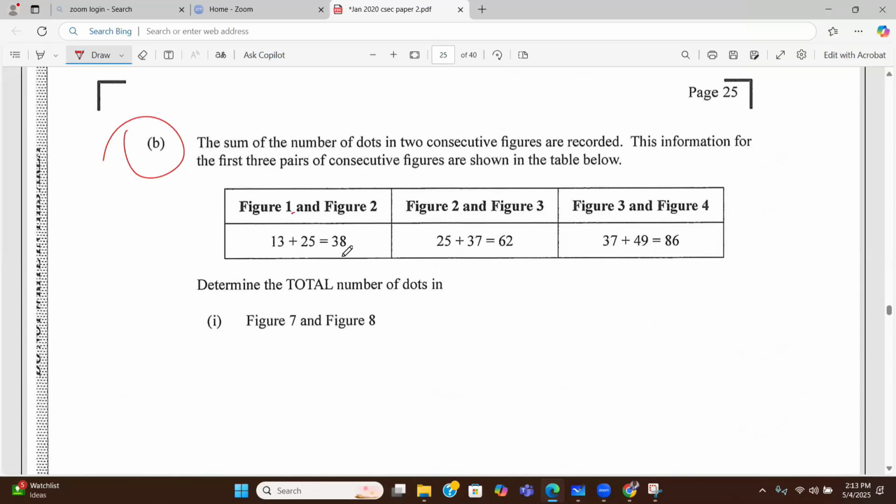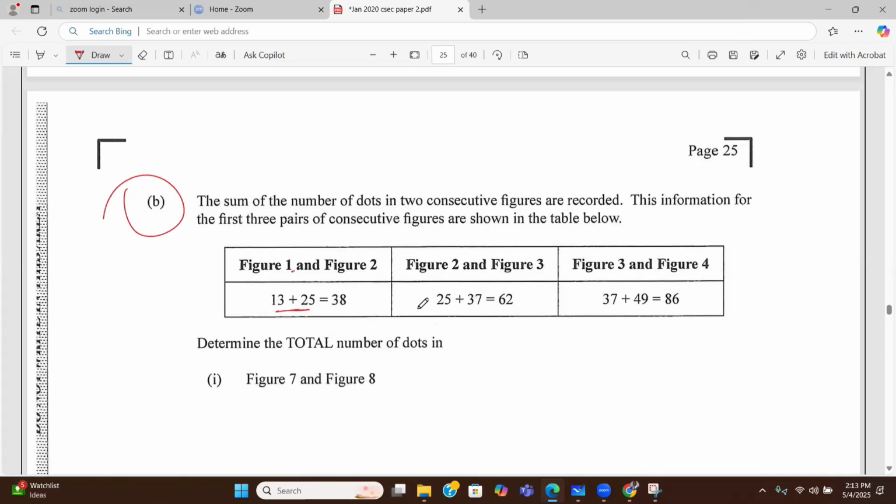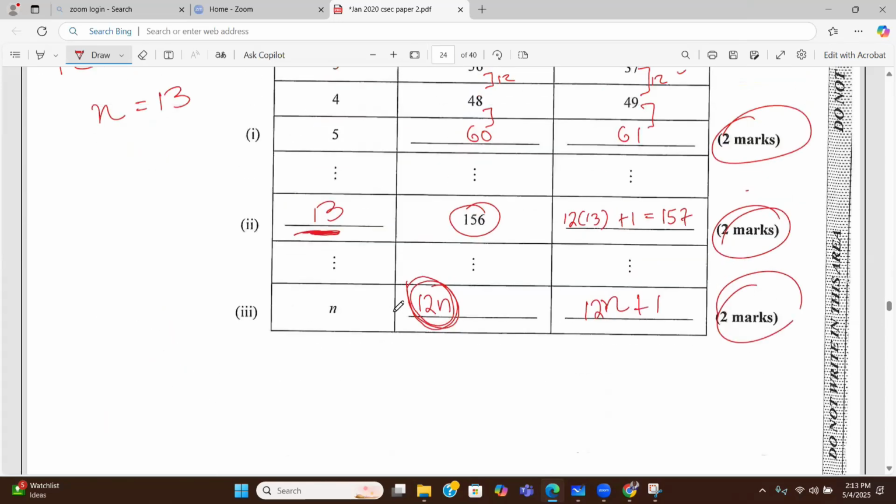You look, there's a pattern where you take off 1 to get the answer. Look at the 13 and the 25, in figure 1 and 2. Then when you go to figure 2, you see 25 there, and 38 here, they take off 1, you have 37, leave the 62. When you add it, you get 62 there. So it's like a pattern there where you could get that answer.